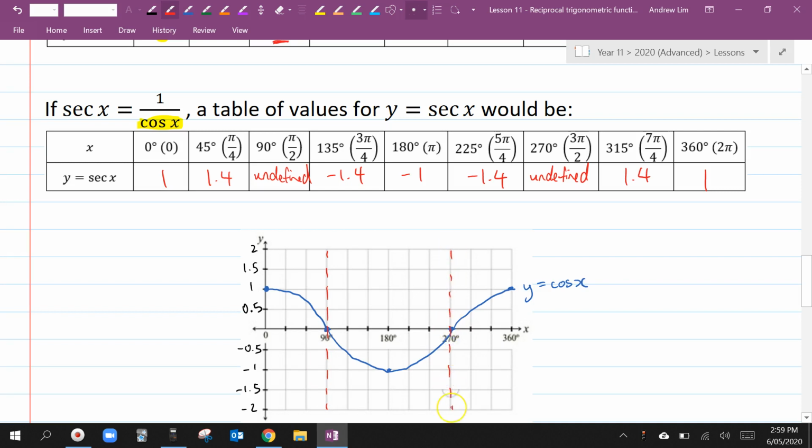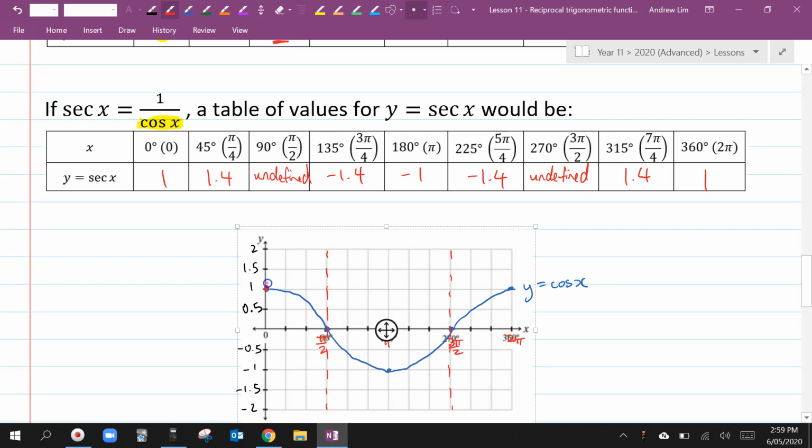Remember, the graphs will always look the same whether it's in degrees or in radians. So if the question were to ask you to draw it in radians, all you have to do is just change this 90 degrees to pi on 2, 180 to pi, 3 pi on 2, and 2 pi. Okay, it's exactly the same graph, just with different values for the x-axis.